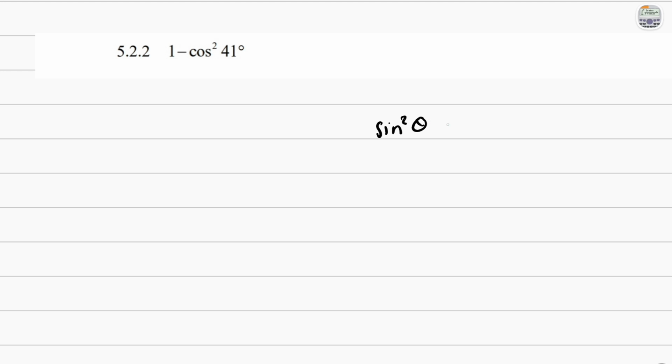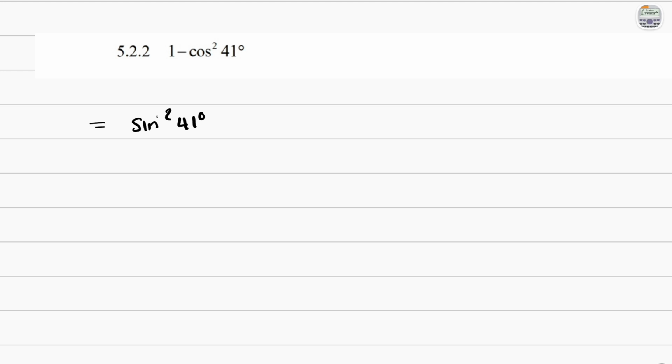You see from sine squared theta plus cos squared theta is equal to 1. If you made sine squared theta the subject, you would just do that by taking cos squared theta over, so it becomes negative cos squared theta. And do you see now that we can actually change this to sine squared 41 degrees?